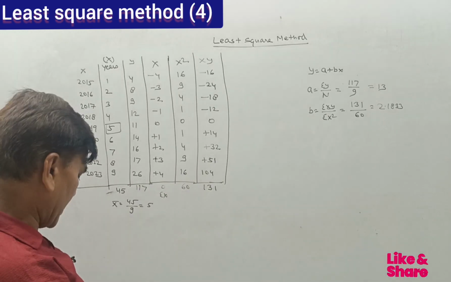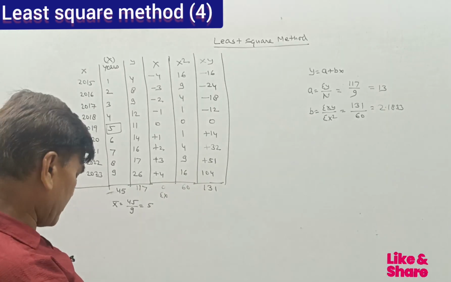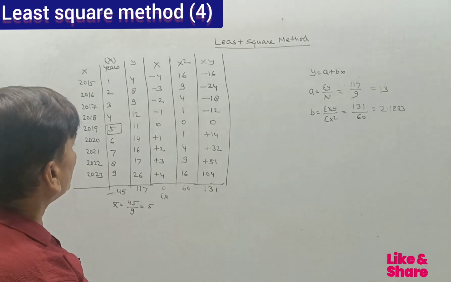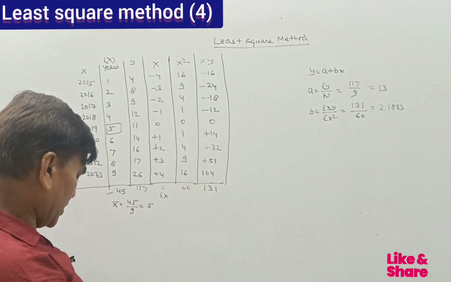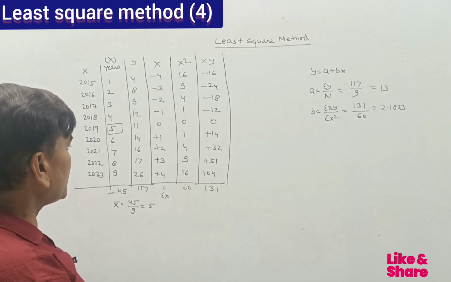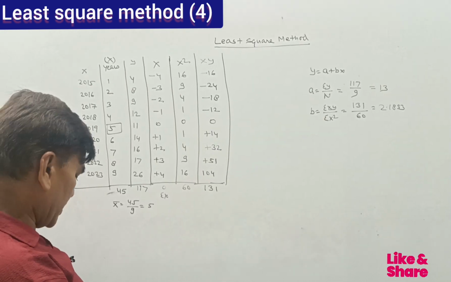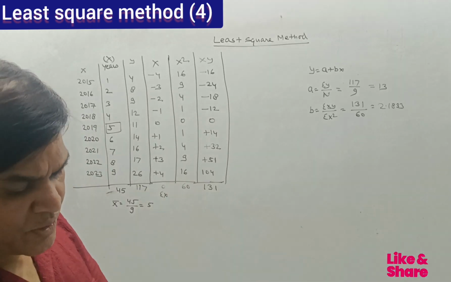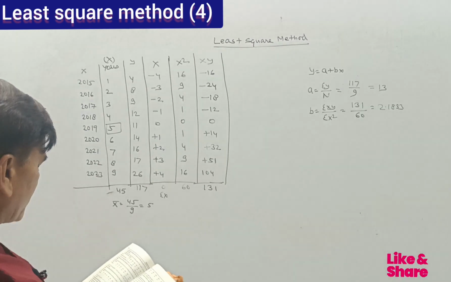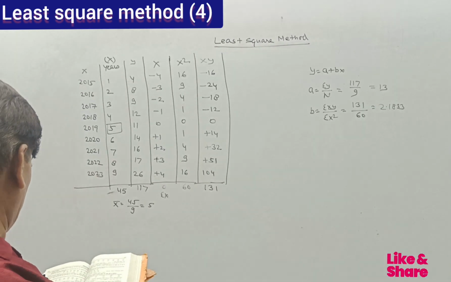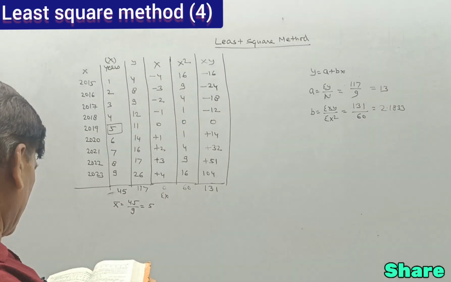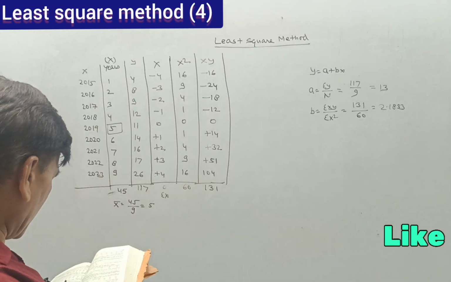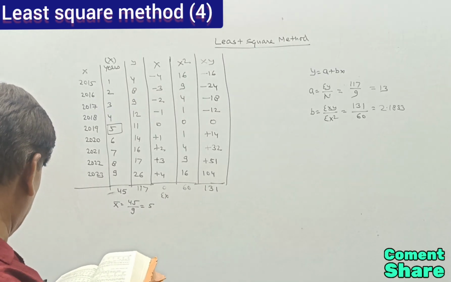Then 9 times 2 is 18, minus value. Then 12 times 1 is 12, minus value. Then 14 times 1 is 14, plus value. 16 times 2 is 32, plus value. 17 times 3 is 51, plus value. 26 times 4, so 131 is there. So where the difference is there, I should check. The values are 4, 8, 9, 12, 11, 14, 16, 17 and the last one is 26.